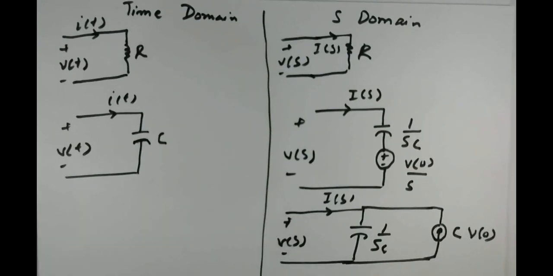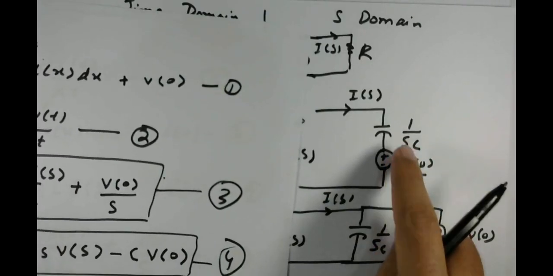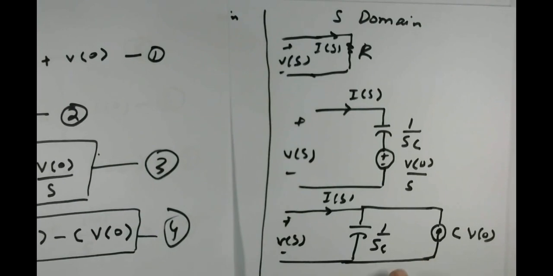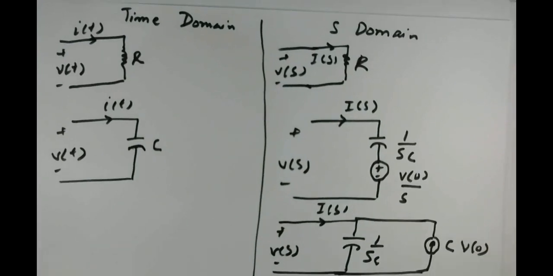Okay, this is nothing but this equation 3 and 4. This is your equation 3 and this is your equation 4. Okay, this is equivalent circuit for when you have a capacitor in your circuit. Okay, the third is our inductive circuit.